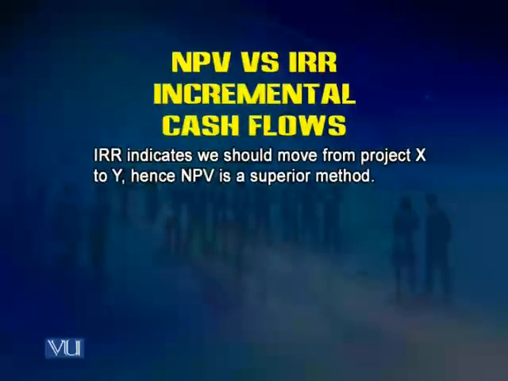And therefore, where there are mutually exclusive projects, the NPV must be calculated and it should be given preference as the basis of decision making. And IRR indicates we should move from project X to Y, hence NPV is a superior method.